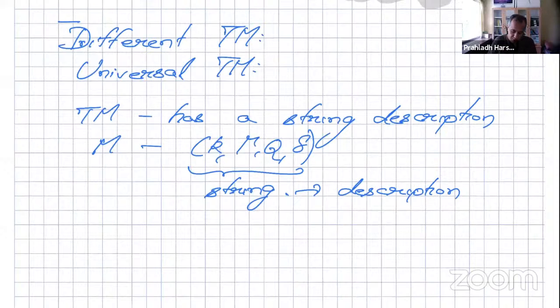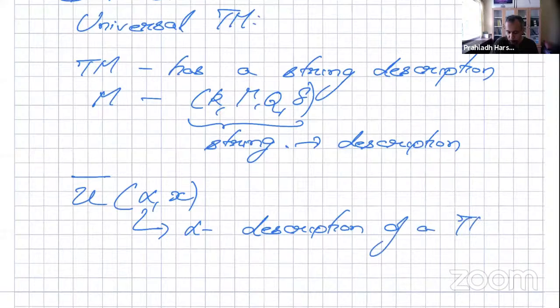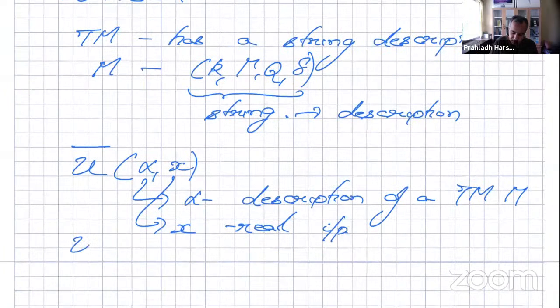You could ask for a machine U that takes two inputs, alpha and x. You interpret alpha as the description of some other Turing machine M alpha, and x as the real input, and you want U of alpha, x to run M alpha on x.